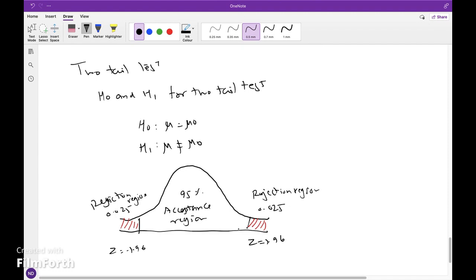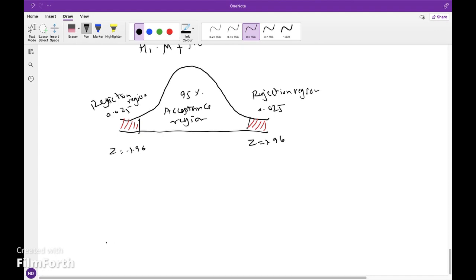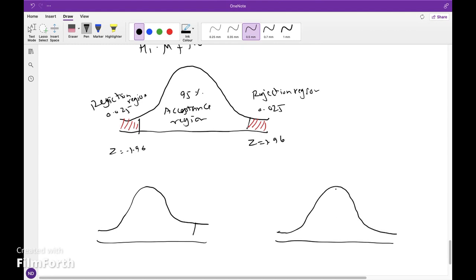In such situations, for one-tail test and two-tail test, the region of acceptance and the region of rejection change. In this case, suppose 1% level of significance, this 1%, here this is 1%, normal distribution 99%, but here Z is equal to 2.33, this is equal to minus 2.33.